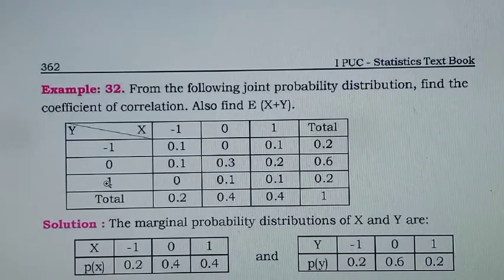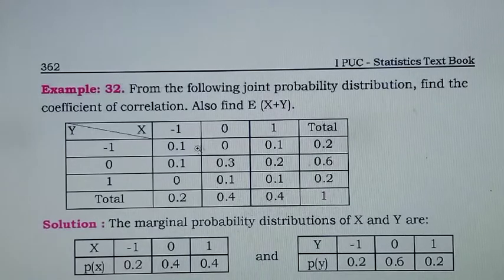These are the real values, guys, and these are the probability values of such a joint function. For x = -1 and y = -1 the joint probability is 0.1. Clear? And next, for y = -1 and x = 0 it is 0, so this cell has probability value 0.